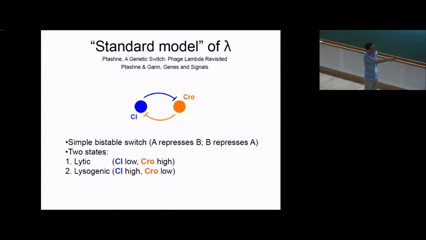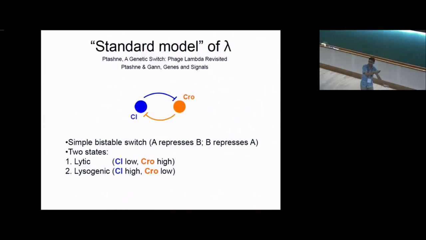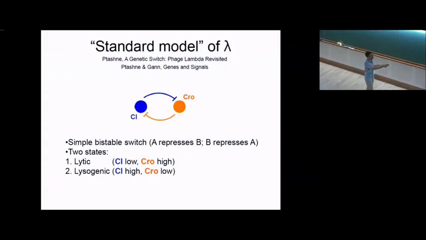Since there's not much CRO, this inhibition doesn't work and C1 stays high. Or you could have it the other way. It's all symmetric, where CRO is very high and it's inhibiting C1, and C1 is very low. So one can see that this motif could produce two completely different states. And you could imagine things being stable in those two states, so far in a purely hand-waving way.